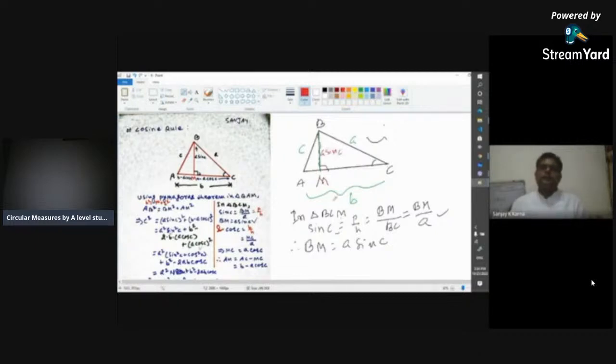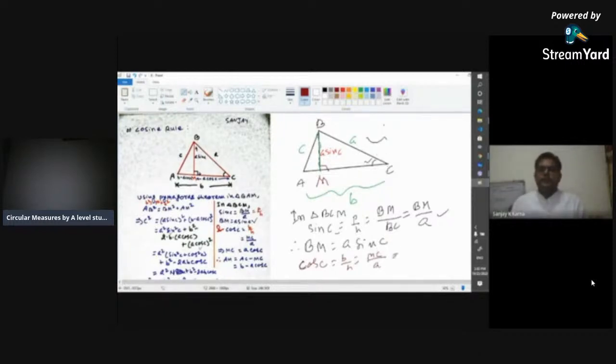And similarly, in the same triangle, if you take the cosine, so cos of angle C, the same angle I'm talking of. So cos C is B by H, and B for this is MC, and H is again BC, so BC is a.